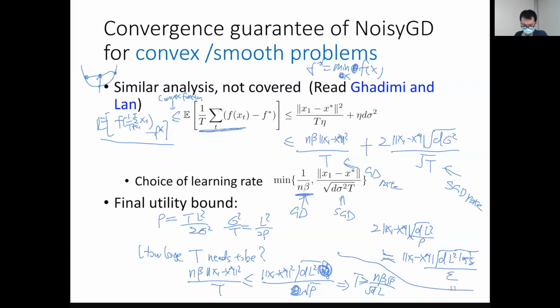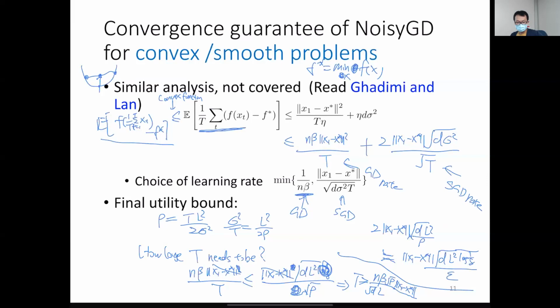and I guess the nice thing about this is that this term got canceled out. Wait, yeah, I don't think it gets canceled. I don't have a square here, so it's not exactly canceled out, but then you get this x1 minus x star on top.